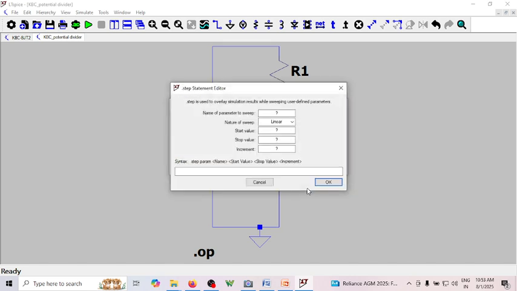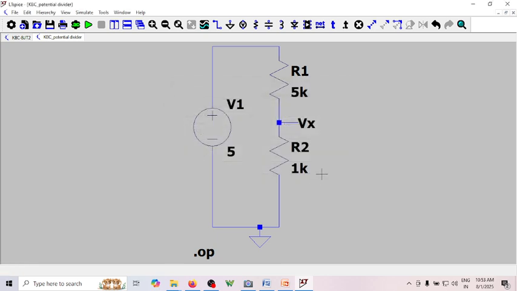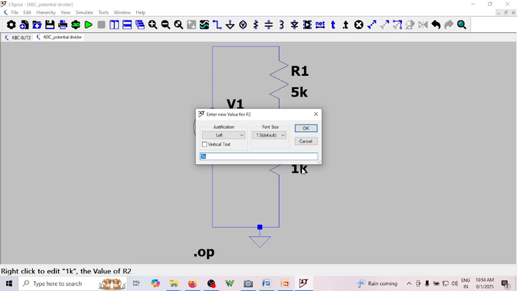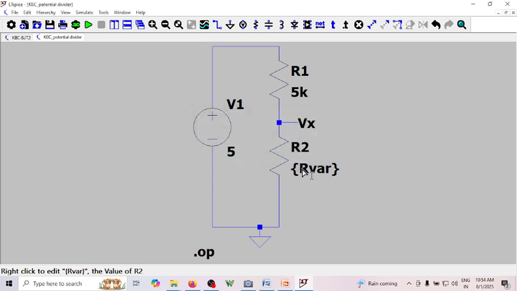Before I do this, whichever component value you have to change, you have to replace this value by something within flower bracket. So I'm just putting something in flower bracket. Let me say it as RVAR. Since this value of R2 is not a fixed value, you're changing that. Let that parameter be RVAR, which stands for R variable. You can just give it a name.